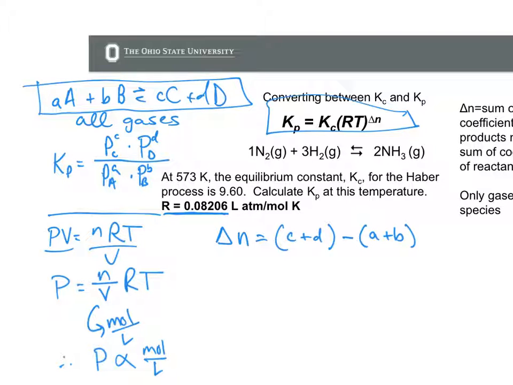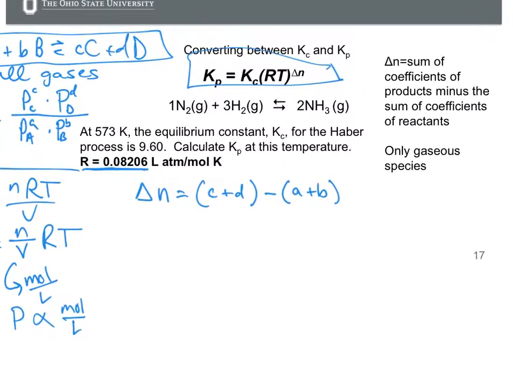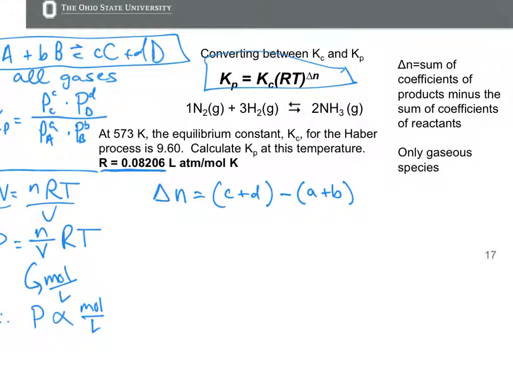So let's work this problem. At 573 Kelvin, the equilibrium constant K sub C for the Haber process is 9.60. What is K_p at this temperature?